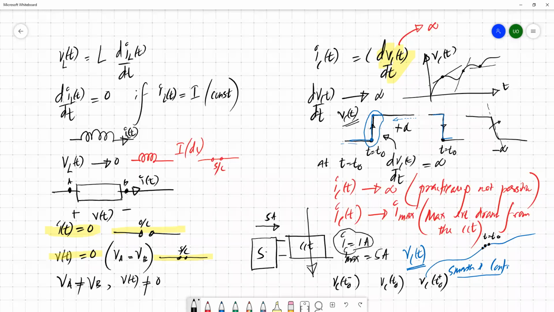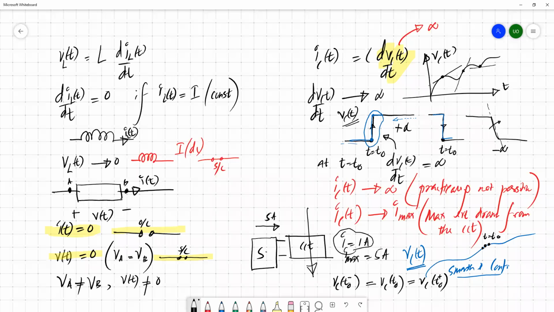If it is continuous and smooth, we can claim that these three values are equal: t naught minus, t naught plus, and the value at t equals t naught.